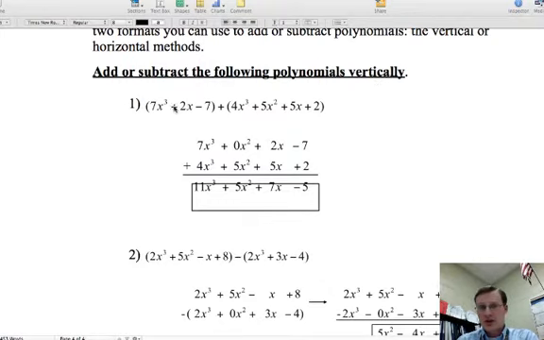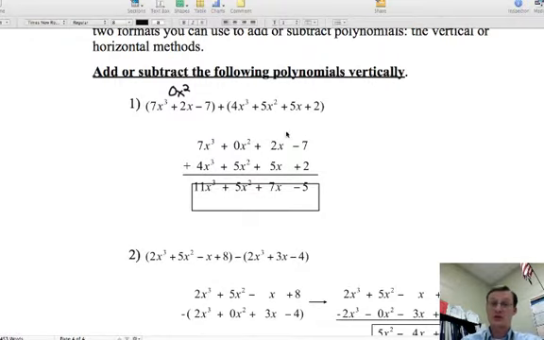You notice in this one that there's no x squared, so what you have to do is put in a 0x squared to match the other x squared here. So x to the third, 0x squared, notice we have to add that in so that they would match. 2x, negative 7, 4x cubed, 5x squared, 5x, and 2.